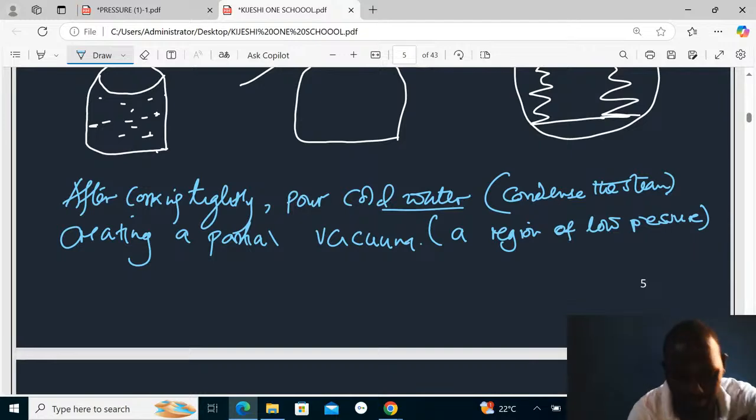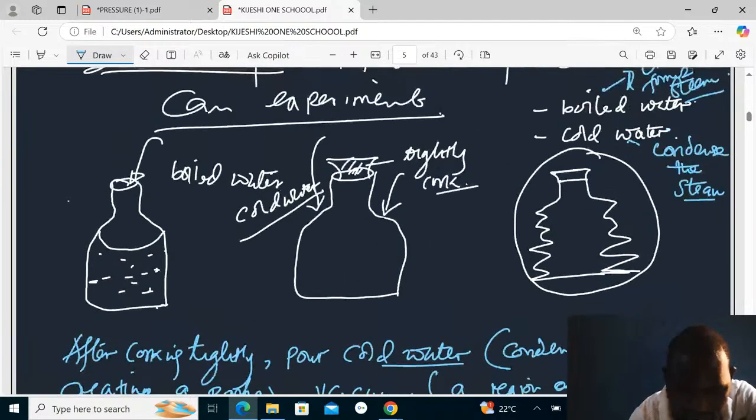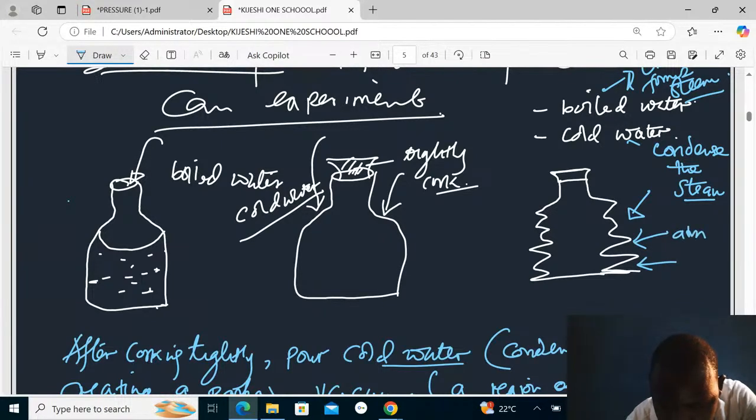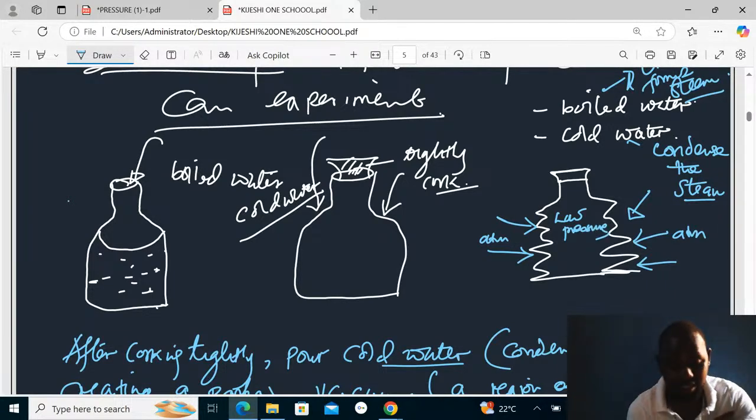Then now, higher atmospheric pressure will crush the can. Since we are having low pressure here, the pressures will try to balance themselves, crushing the can.